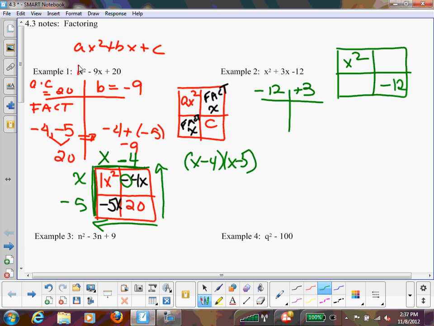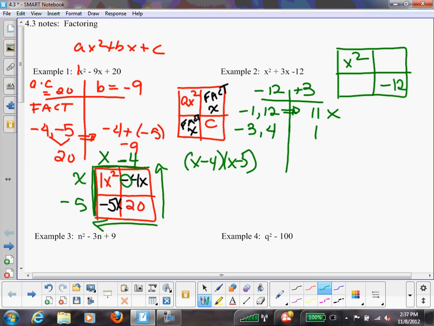So I could do negative 1 and positive 12. But what do I get when I add those? 11. And that's not what I'm looking for, right? I could try 3 and 4. But that would give me 1, right, if negative 3. Or it would give me negative 1, right?